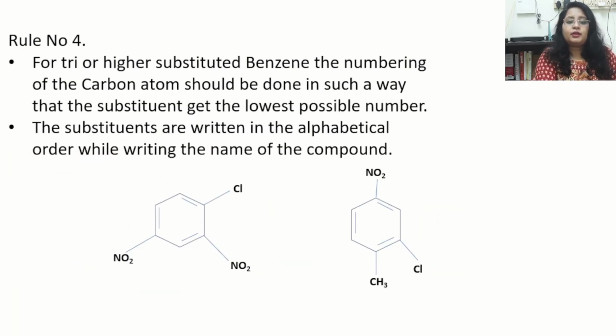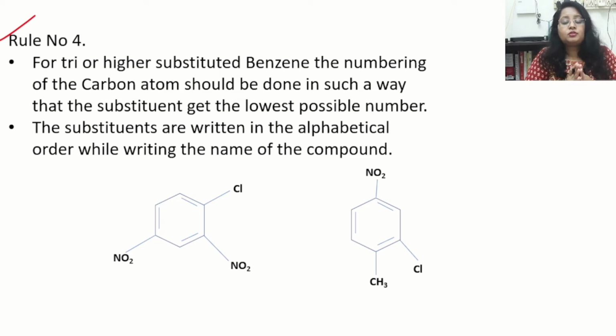Now, some more rules. The next rule says, if the benzene ring is tri-substituted or higher substitution is there, means the benzene ring having 3 or more than 3 substituents attached to the ring, then what we will do? First of all, we will do the numbering of the carbons so that we will get the positions of the substituents.